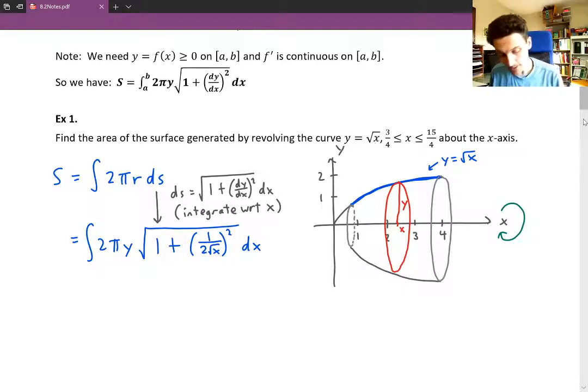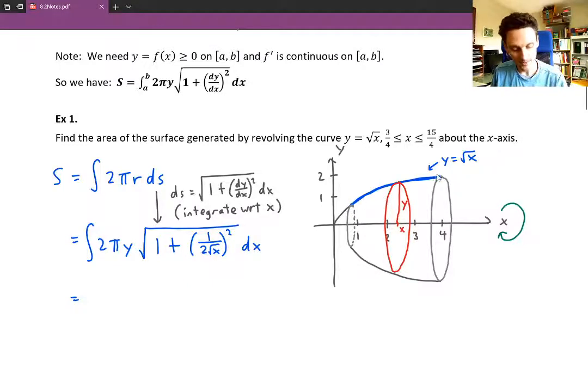Now we can actually write the limits of integration too, but let's do that at the very next step when we're going to write everything in terms of x. Because right now we have a y in place of r, but since we're going to integrate with respect to x, we want everything in terms of x. But thankfully we have y is equal to the square root of x. That's what gives us those y values.